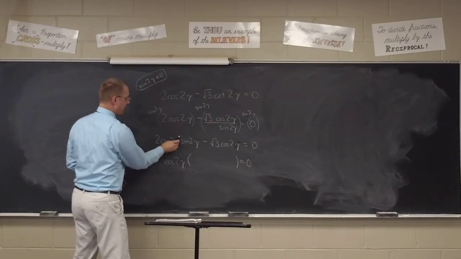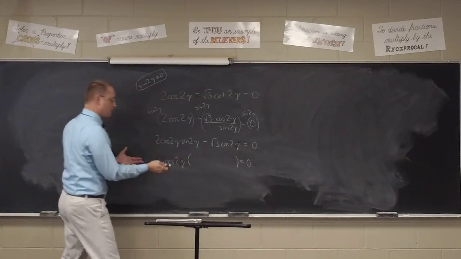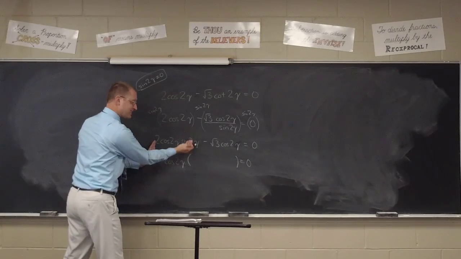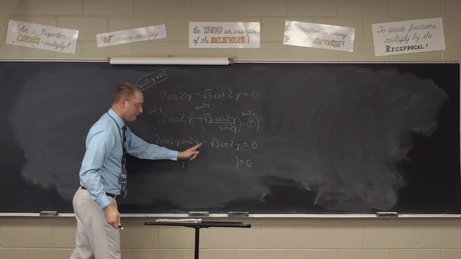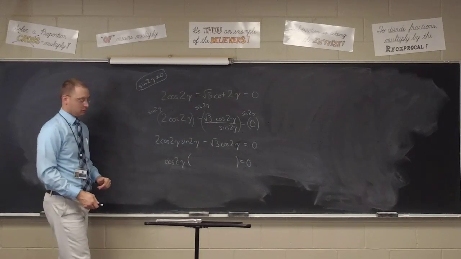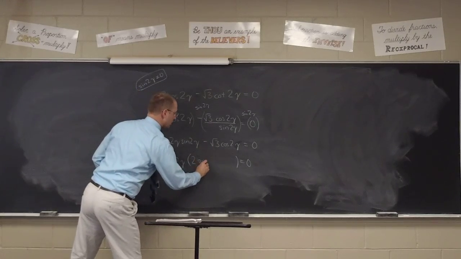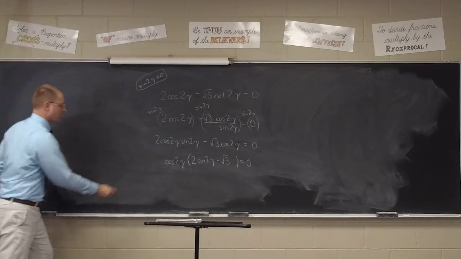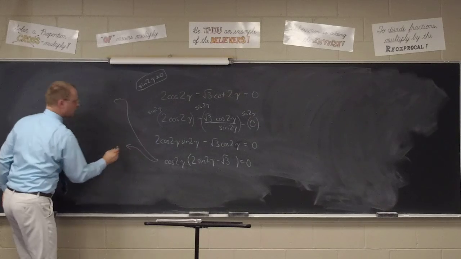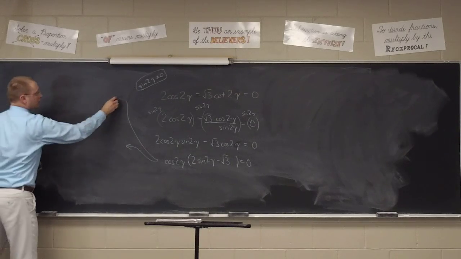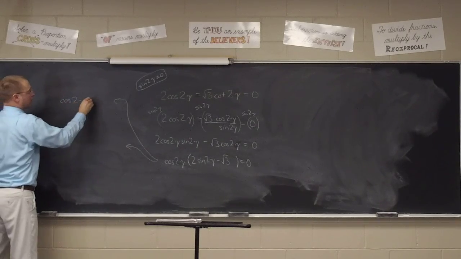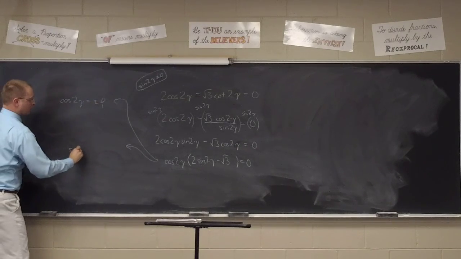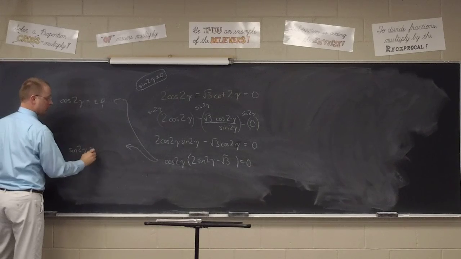What are we left with when we take out the cosine 2 gammas? 2 sine 2 gamma minus square root of 3. And now we make 2 equations, which are cosine double angle equals 0, and then sine double angle equals square root of 3 over 2.